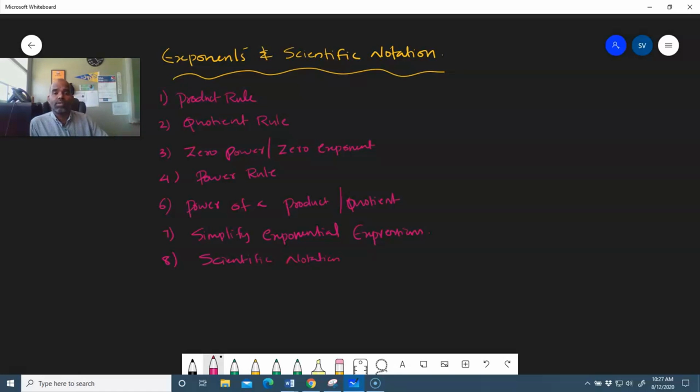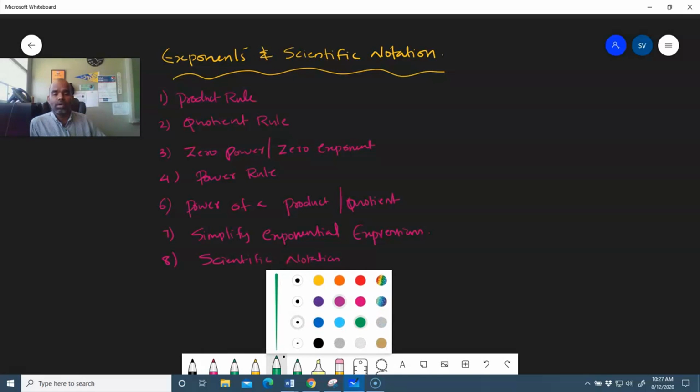This is actually very easy thing, these rules. So before we are moving into its deeper areas, we can try to understand what this exponent means.